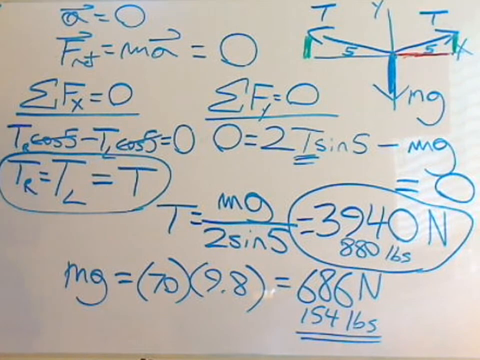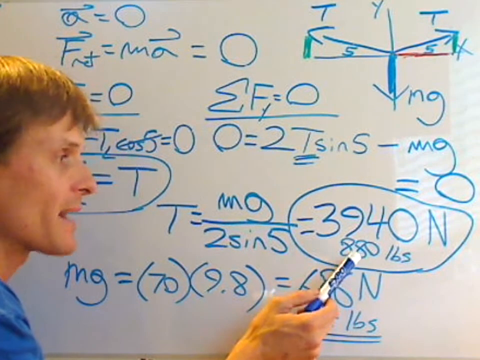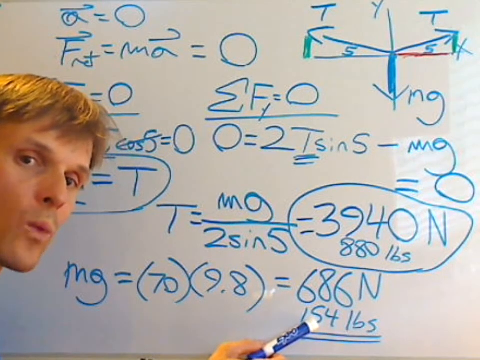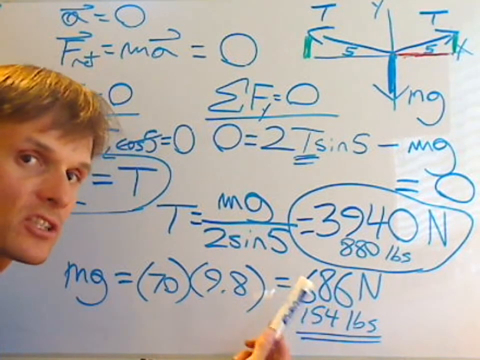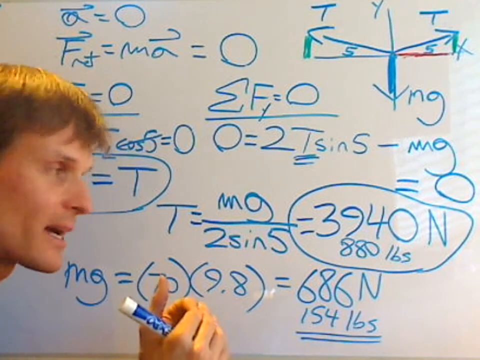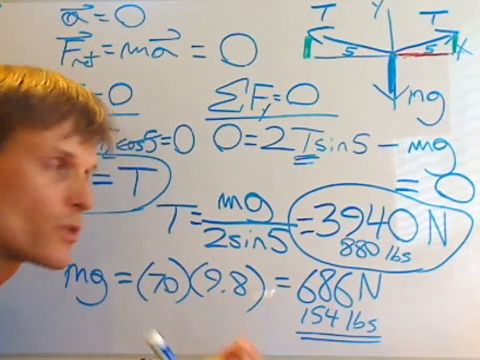So that might be a somewhat surprising answer. We have a tension in the tightrope that is about 5 to 6 times greater than the weight of the tightrope walker himself. And that's just the basic physics of that situation. If you have a really tight tightrope like that, the amount of tension generated when someone stands on it is enormous.